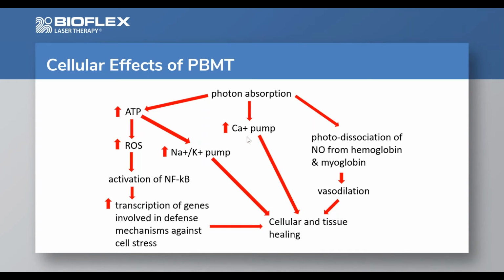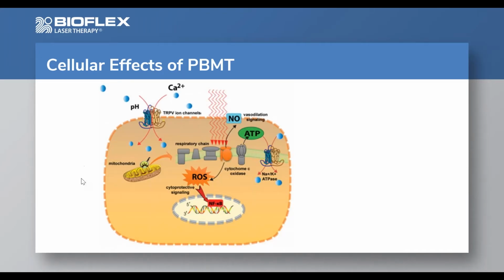And one of the side effects of this therapy is an increase in nitric oxide that's released from the binding of cytochrome C oxidase, and this can photodissociate from either hemoglobin, myoglobin, or directly intravascularly to the extravascular tissues and blood and cause vasodilation. So all of this is going to help with cellular tissue and healing. Many of you have seen this diagram before, and this basically is exactly what I've just described here. So I won't spend a lot of time on that.